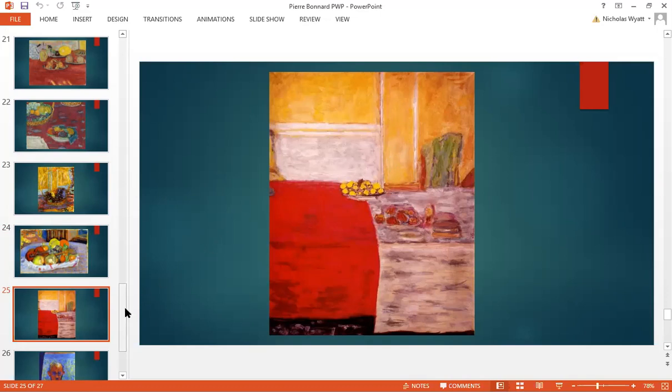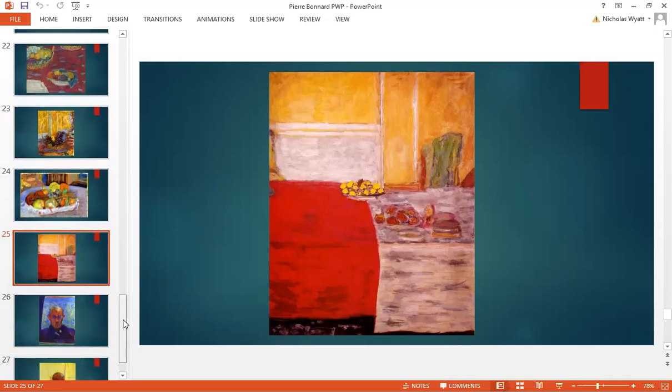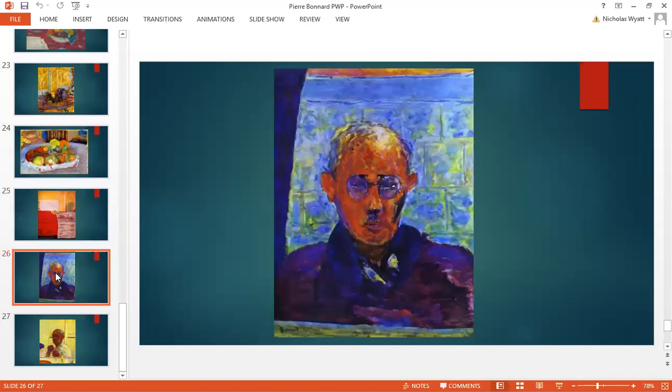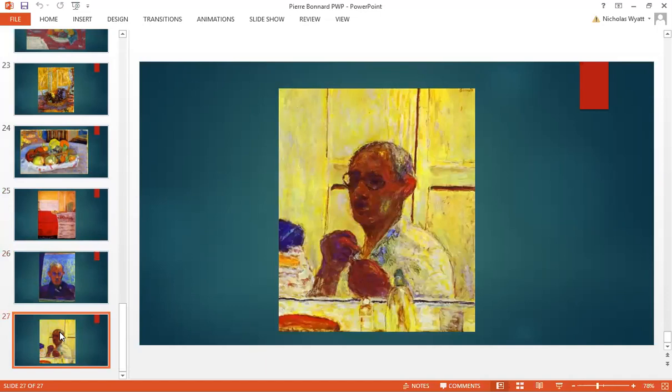I want to just finish on his late self-portraits. Again, Marthe has died by this time, and he's just really studying himself. And the very last one that he painted, where he's bathed in this yellow light, and possibly painted from life in the mirror.